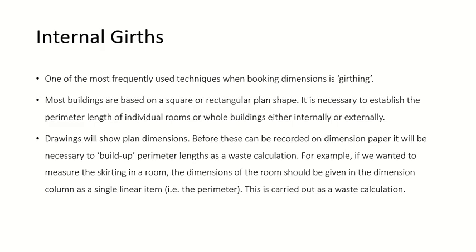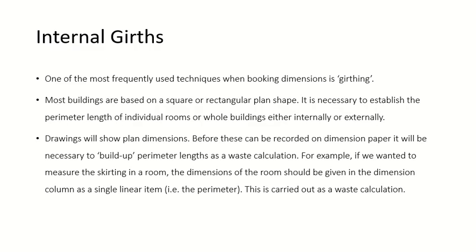The drawings will show the plan dimensions. The girthing and the center lines are taken from the plan of the building. Before you start recording or calculating the dimensions on dimension paper, it's very important that you establish the girth length.